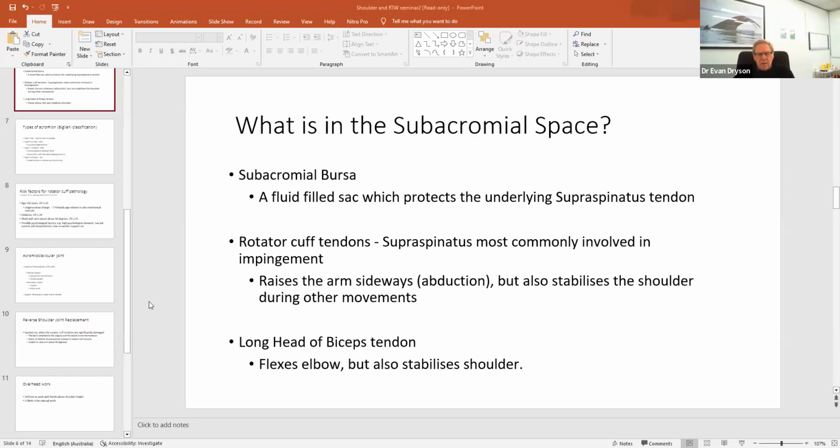Now, that's a wee bit simplistic because all of the muscles act together, and if they're not actively pulling on the arm, they're stabilizing the shoulder joint so that the other muscles and tendons can do their job. So it's a very complicated system of several muscles, several tendons running through this space, raising the arm in whichever way you want to raise it.